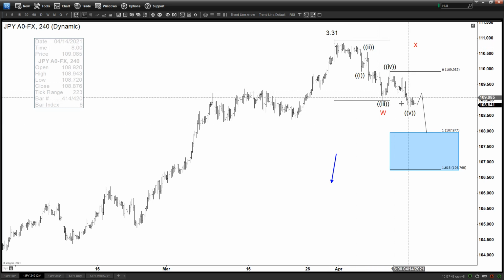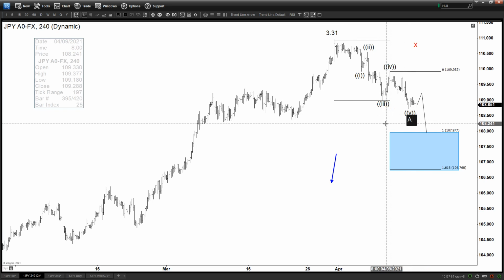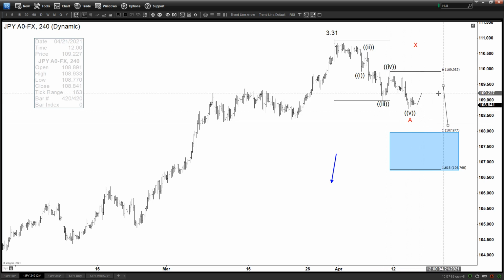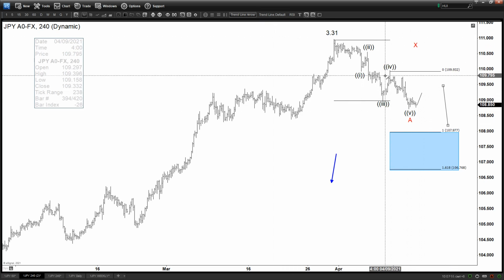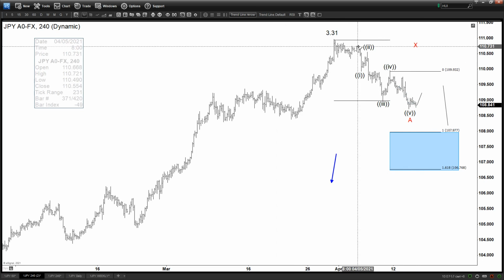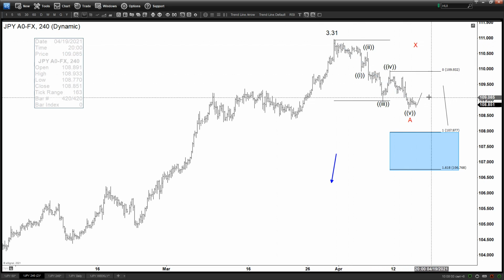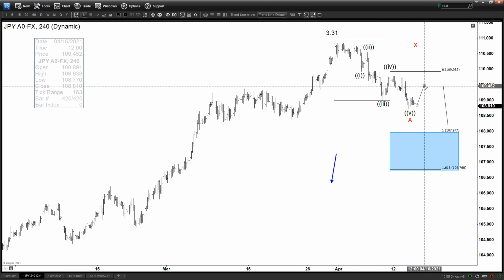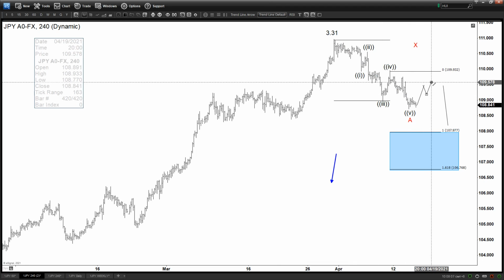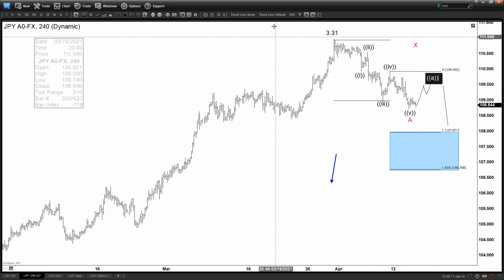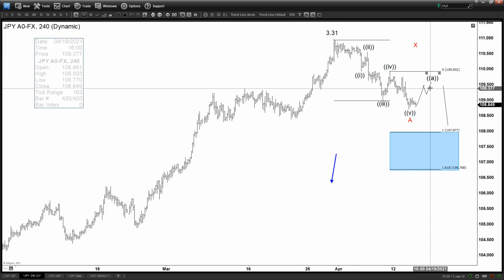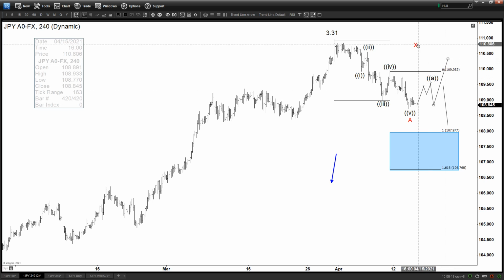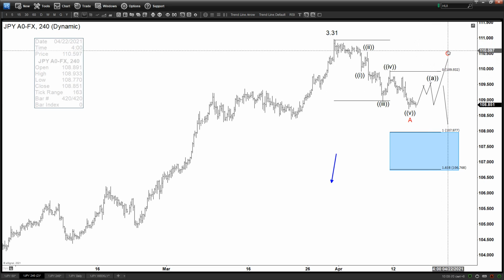In a diagonal like this, the rally is going to be correcting this entire cycle. So we can have a bigger bounce like this. Let's say 1 2 3 4 5 like this, ending A, and then we can get a B, and then we can get a C, and that will end the B leg.